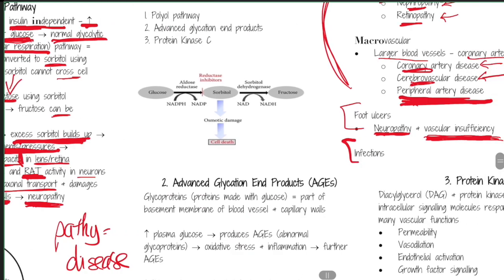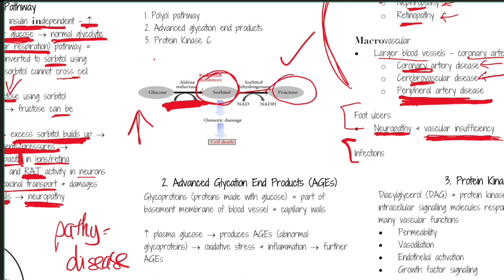If you look here, there's a nice little picture of what I just talked about. So you have this insane glucose saturation. Don't worry about this stuff, this is part of cellular respiration. And then you end up with all this sorbitol. Some of it can turn into fructose, which is great. And then very, very much of it ends up staying inside of the cell, causing this osmotic gradient shift and then damaging the cell.